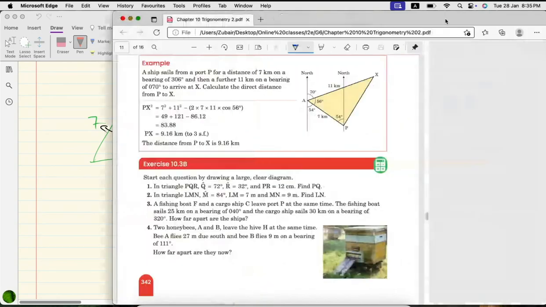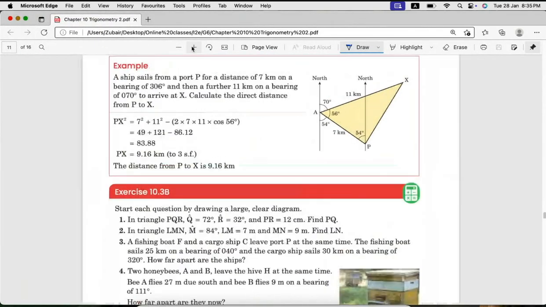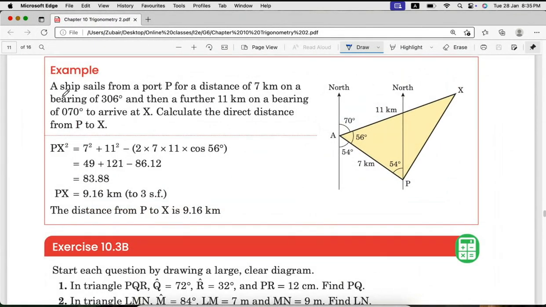Okay. So now we are using sine and cos and bearing. We've done bearing already. The ship sails from a port P for a distance of 7 kilometers on a bearing of 306. From port P, it is 306 definitely. That's more than 270.